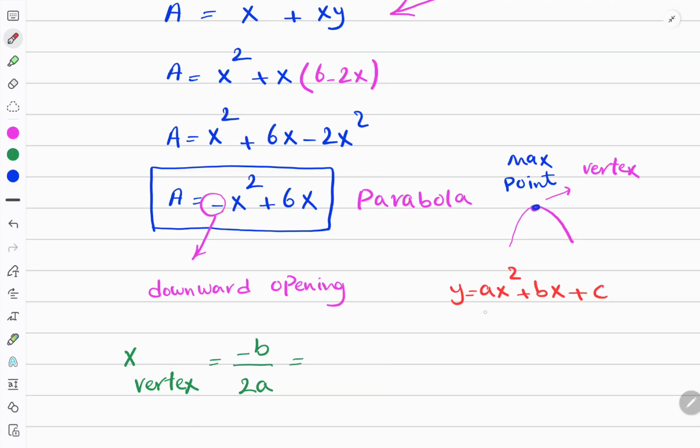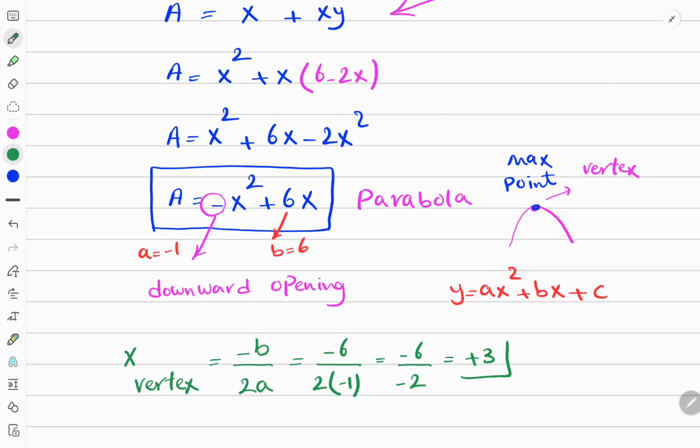So we just need to substitute the values of a and b in this formula. In this equation, b is 6 and a is negative 1. Negative 6 over negative 2 is positive 3, the x coordinate of the vertex of this maximum point.